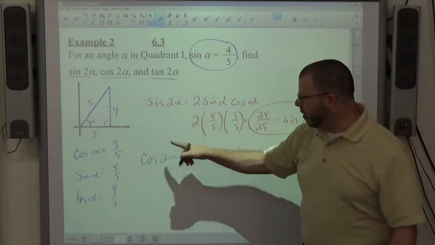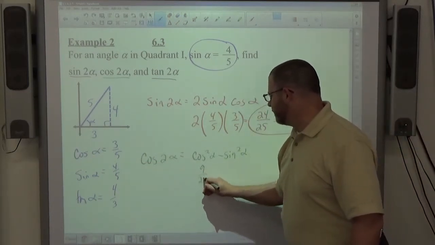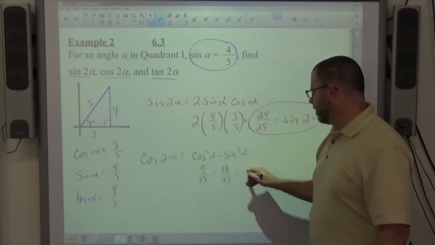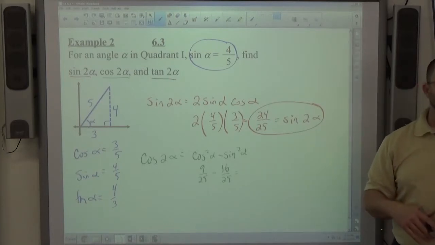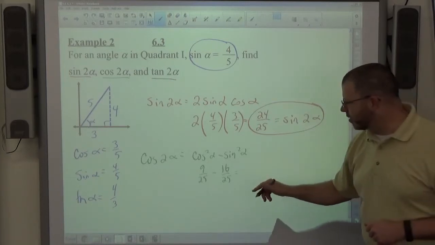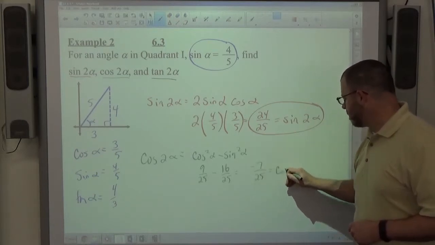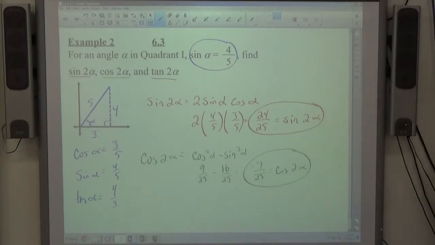All this cosine squared means is square cosine, so 3/5 squared is 9/25. 4/5 squared is 16/25. The reason I like cosine squared minus sine squared is that you get that common denominator already. If you do 1 minus 2 sine squared or 2 cosine squared minus 1, you have to get a common denominator. We subtract, and we get negative 7/25 as the cosine of 2 alpha.